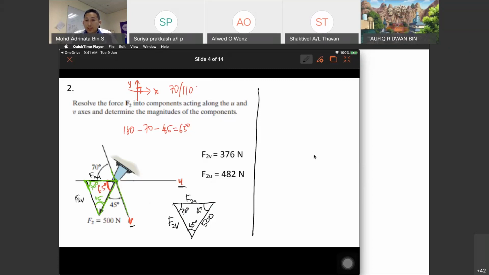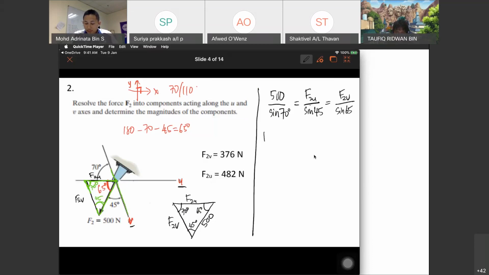So kita guna rule apa? Rule sine. So kita ada 500 over sine 70 equals to F2U over sine 45 equals to F2V over sine 65.